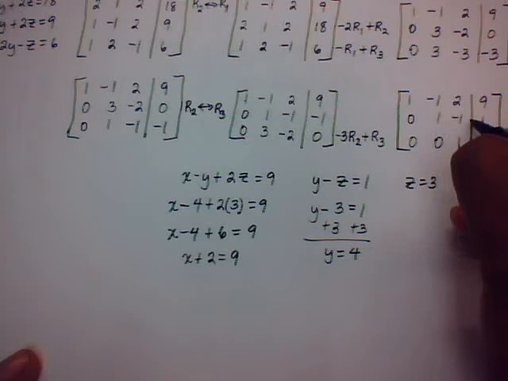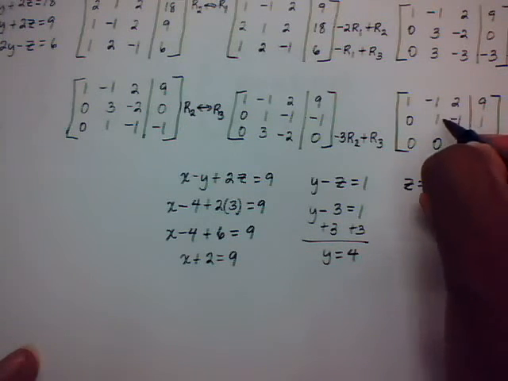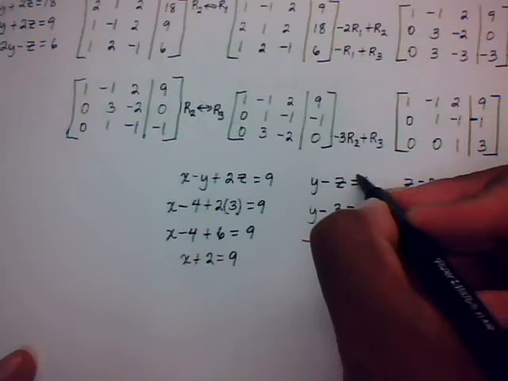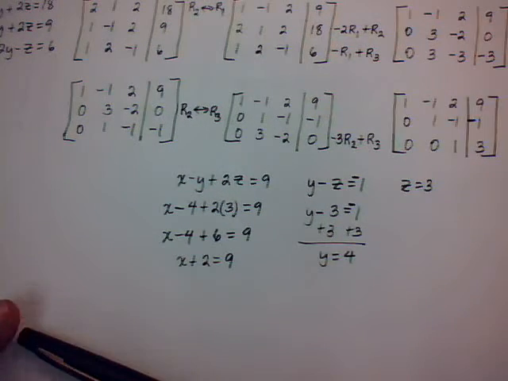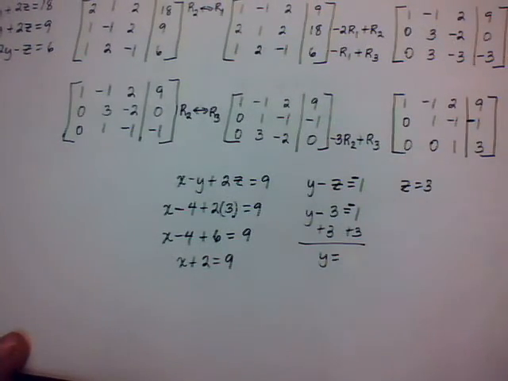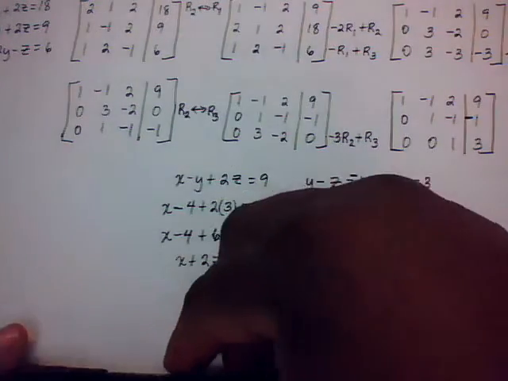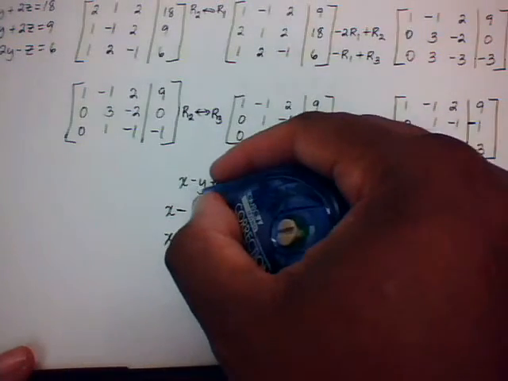I think I made a mistake right here because, oh, I see where. This should be -1, which means y minus z is equal to -1. And instead of y being equal to 4, when you add 3, y would be equal to 2. Okay? So instead of y being equal to 4, this will be x minus 2.